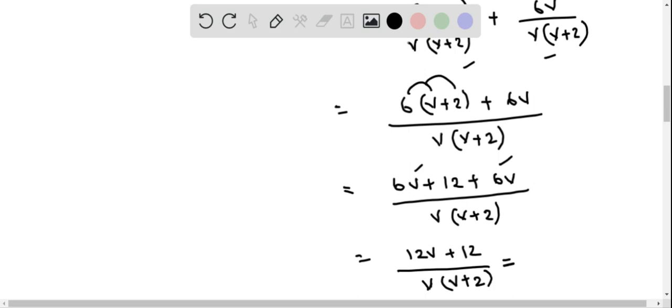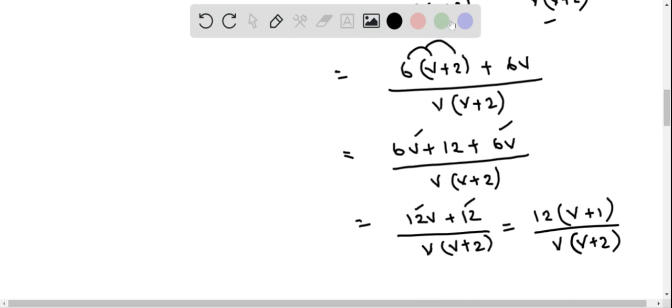Now we can factor 12 from these two terms. We get 12 times v plus 1, divided by v times v plus 2. Therefore this is the simplified rational expression which gives the total time spent hiking.